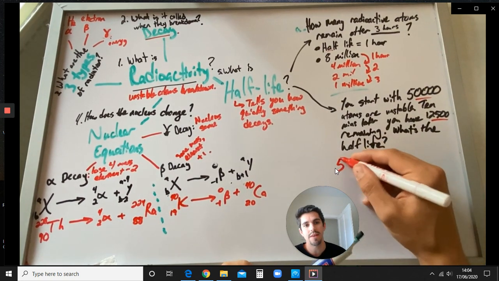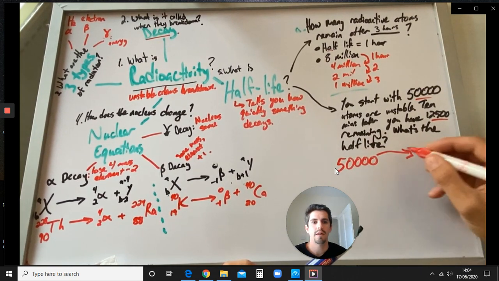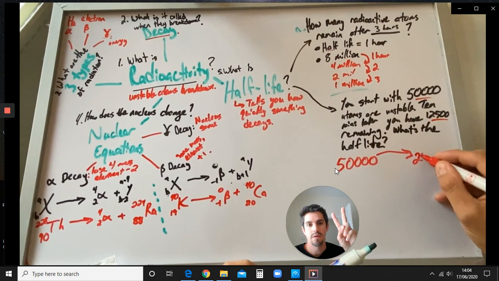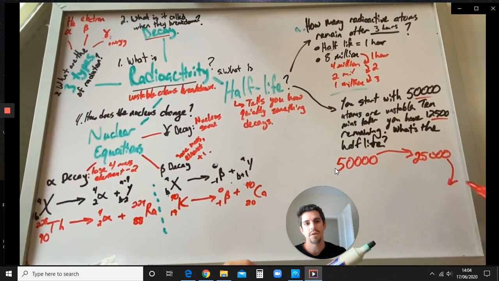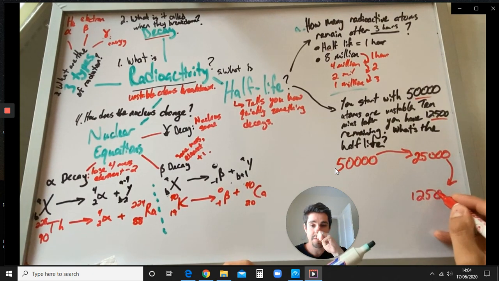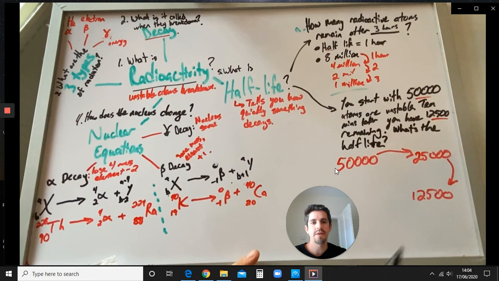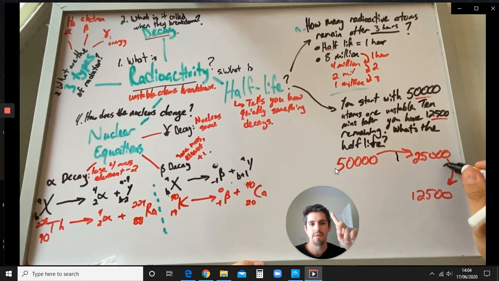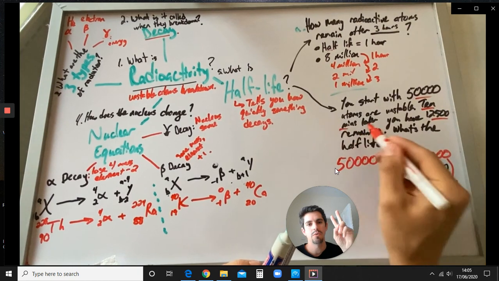So from 50,000 down to 12,500, it's got to cut in half twice. So that means that the time that's passed from the start to the finish has got to be 2 half-lives. That's why I've drawn 2 red arrows here. From 50,000 to 25,000 was 1 half-life, and from 25,000 to 12,500 was 2 half-lives.